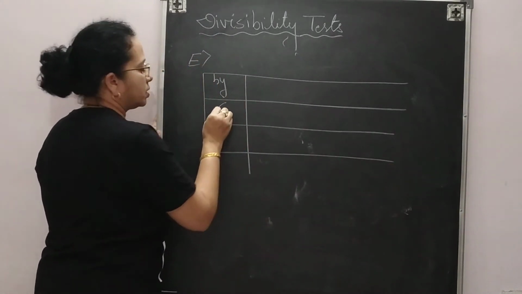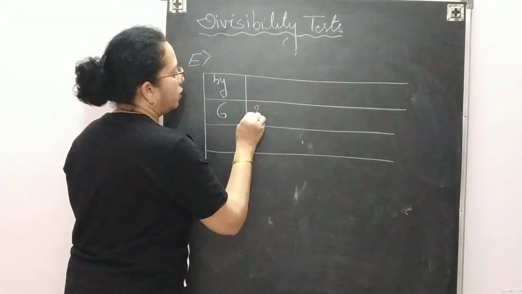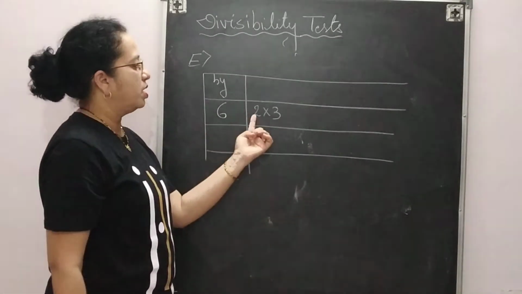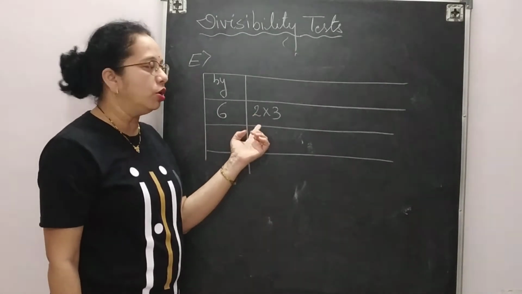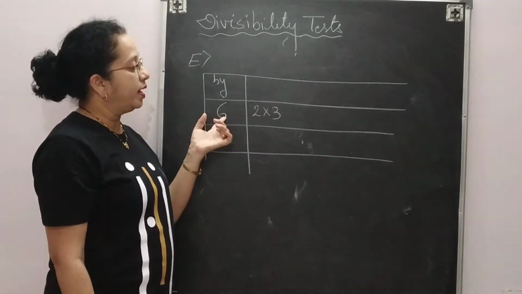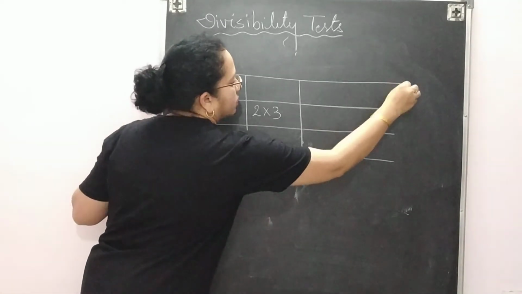Suppose 6. What are the co-primes of 6 here? We can say 2 threes are 6. So if a number is divisible by 2 and also by 3, it means by both the numbers, then only the given number will be divisible by 6.